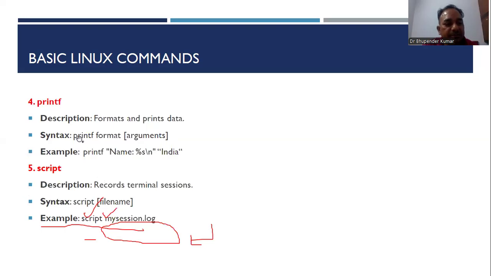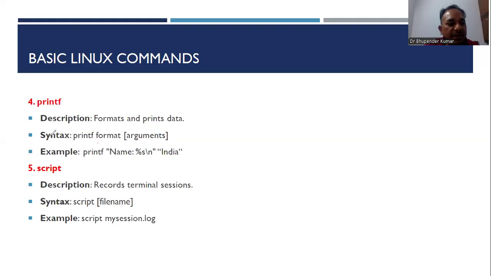Now let's understand the next command. Next command is the printf command. You might have studied this in C. Printf is basically used to print the data in a specific format. The printf which you use in C and the printf which you will use in Linux, both of them function in the same manner.